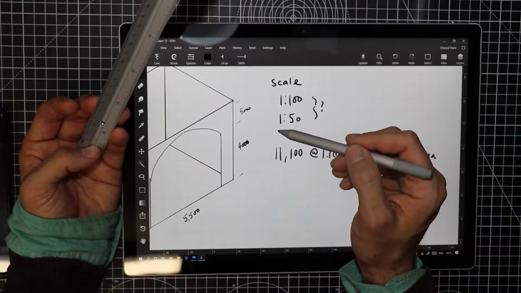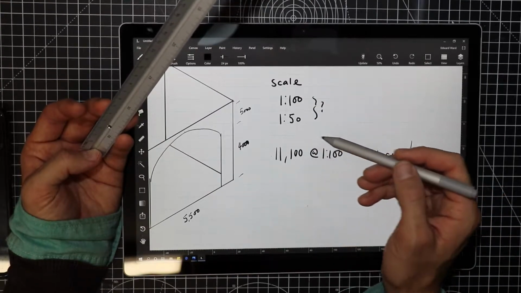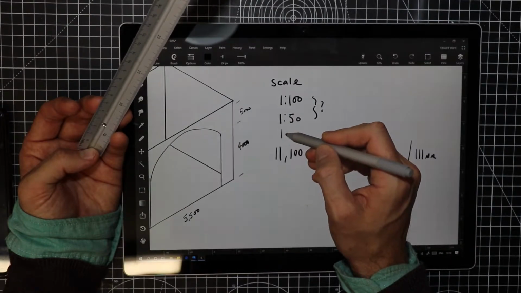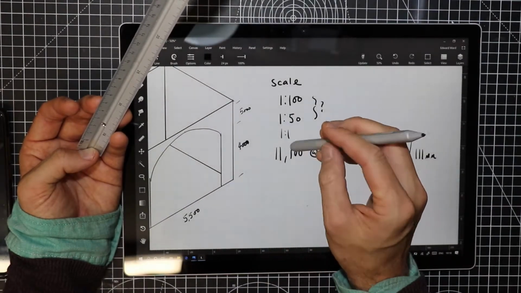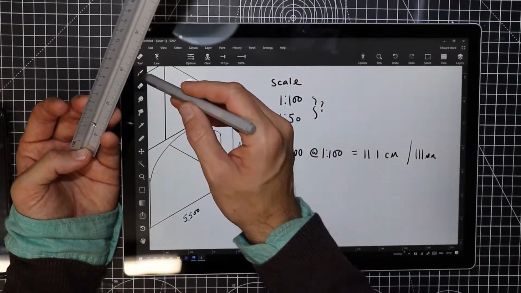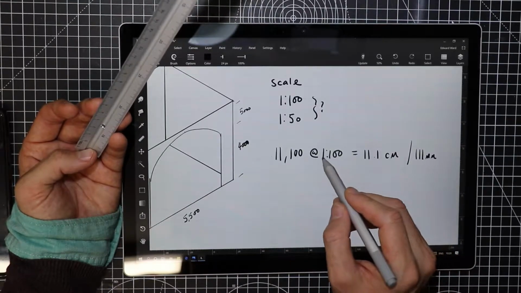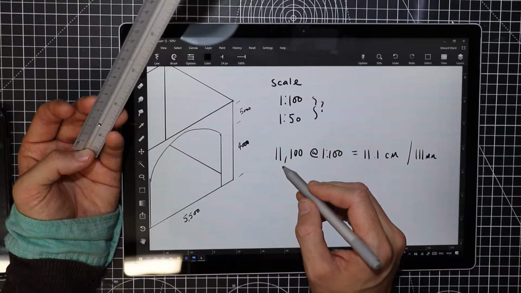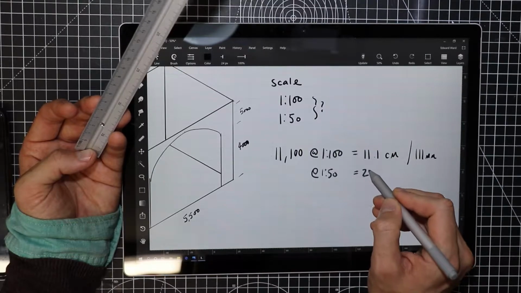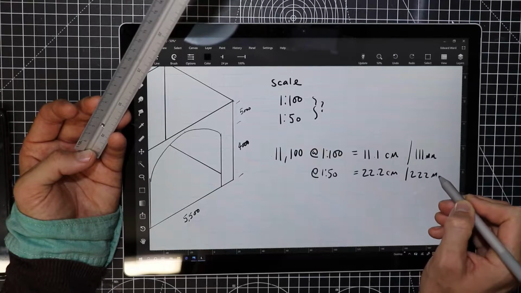The way that scale works, as we saw from the presentation, is that the lower the number goes, the bigger the scale. So we exist at a scale of 1 to 1. What we need to do here is determine the size difference between 1 to 100 and 1 to 50. So the way that we can do that is I can double this up. So 1 to 50 is 22.2 centimetres, or 222 millimetres.